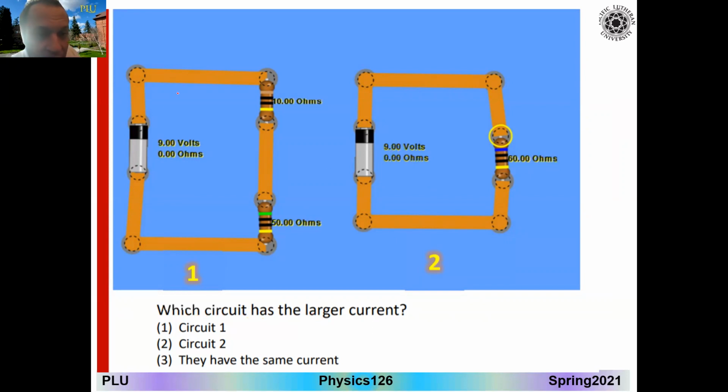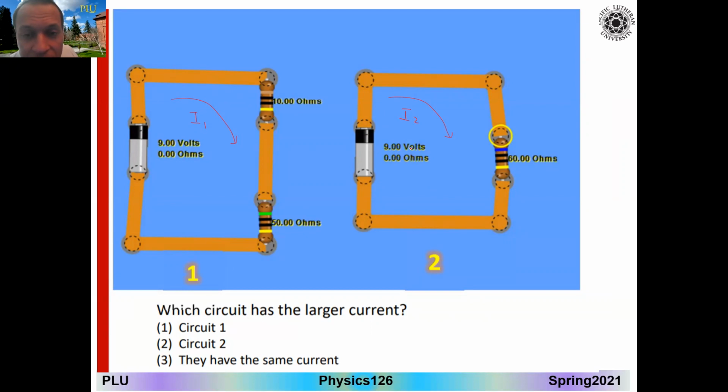So basically, again, this one is a series connection, so the current should be the same. Here is the current I1, here is the current I2. Since the current is proportional to the resistors, here I have two resistors, 10 and 50. So the total resistance the current will face is 10 plus 50, 60 ohms.